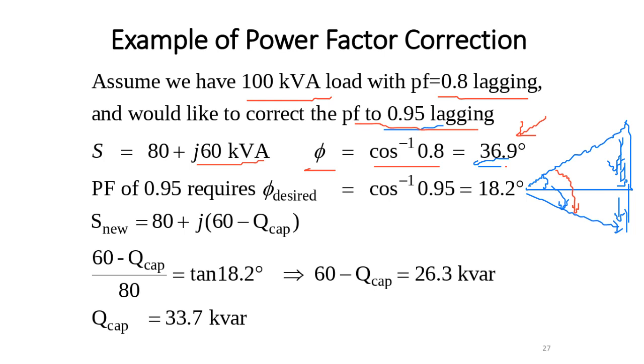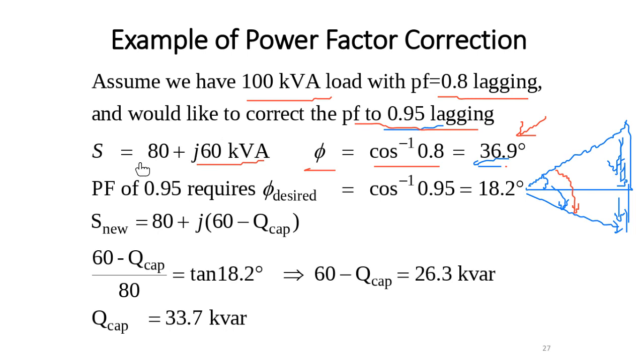Okay, so now what's the idea here? The idea is we want to play with the reactive power. So we want to find the current reactive power. This is the current reactive power, j60 kilovar. No, j60 kilovar. kVA is for the S, kilovolt ampere is for the S. So this is kilowatt, and this is kilovar.